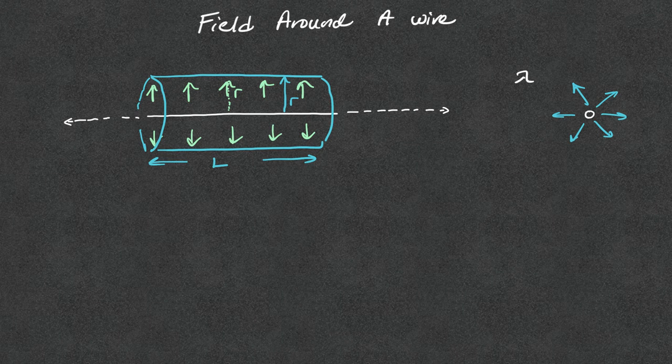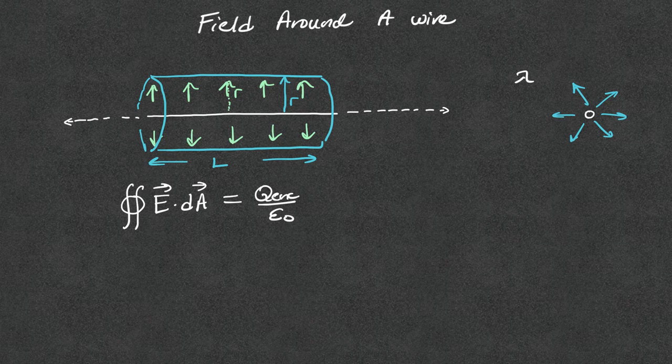Now let's write Gauss's law, which is that the integral around a closed surface of E dot dA, which hopefully we don't have to truly evaluate, is equal to the enclosed charge over epsilon naught. First, let's evaluate the amount of charge enclosed by this Gaussian surface.